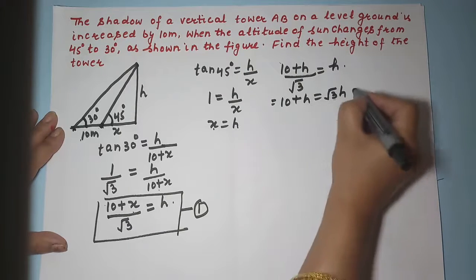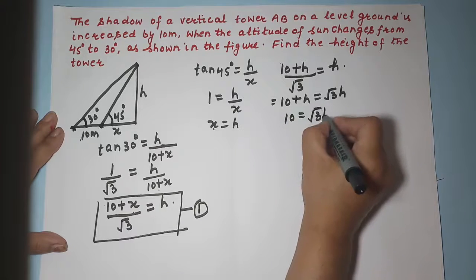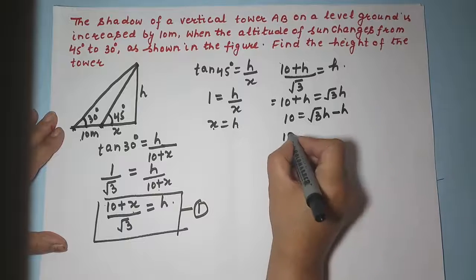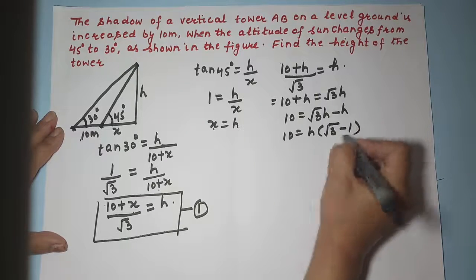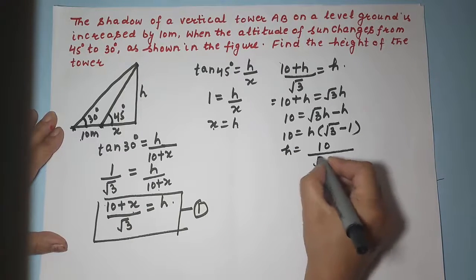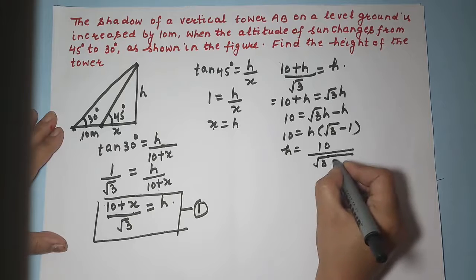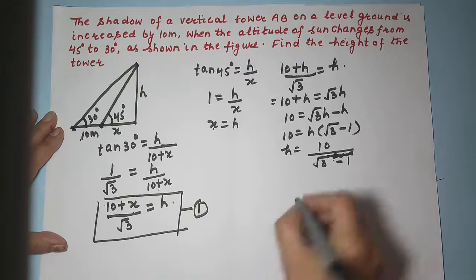If we shift this h to this side, we'll get 10 is equal to root 3 h minus h. So if we take h as common, we'll get root 3 minus 1. So my h will be 10 upon root 3 minus 1. So what should I do now? I will rationalize.